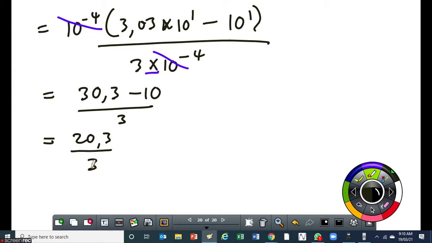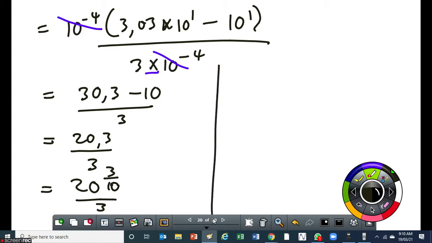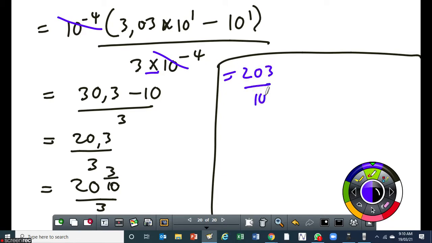Now I can simplify this further and convert it to a common fraction. So the 20,3 is the same as 20 and 3 over 10, right, all over 3. Now, remember you did fractions, so you are expected to know how to deal with fractions in this grade. So from here, I can write that as 203 over 10, right, divided by 3.